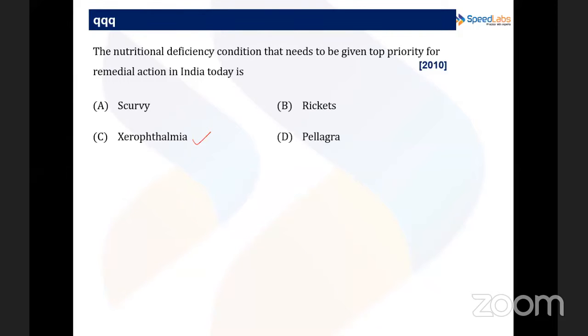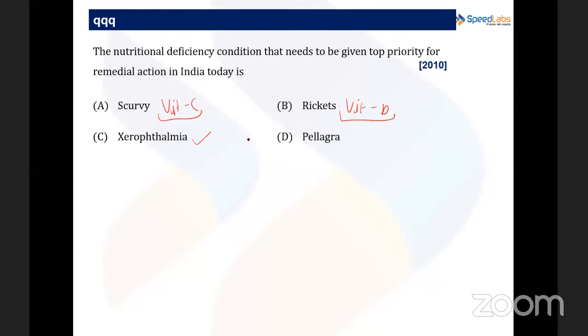I hope this question is clear to all of you. Now let's look at the other options. Scurvy is caused by deficiency of vitamin C. I have told you earlier also. Rickets is caused by deficiency of vitamin D, also known as calciferol.